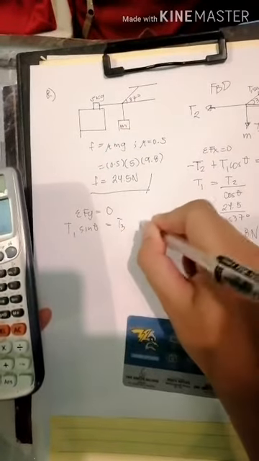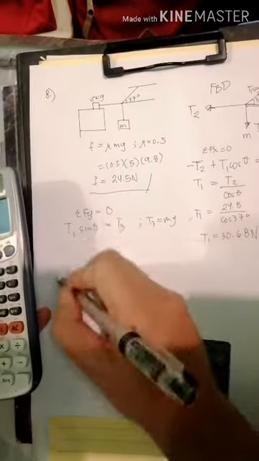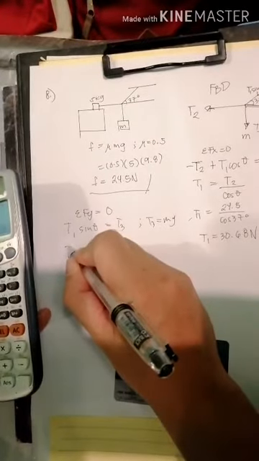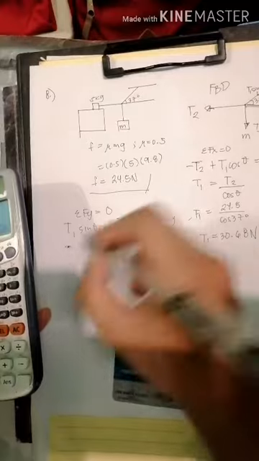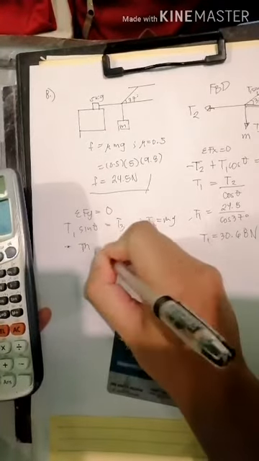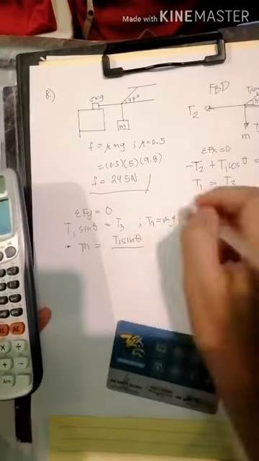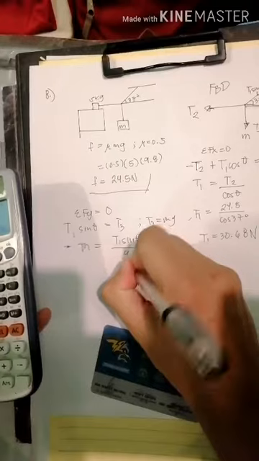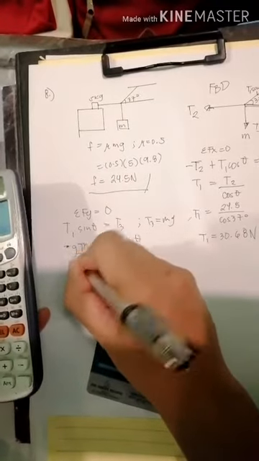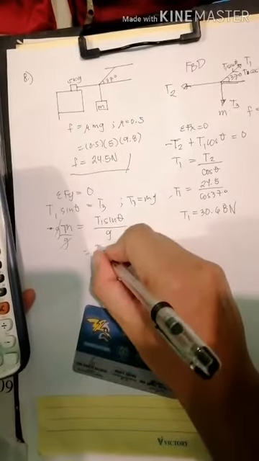T3 equals to mg. So, mass equals to T1 sin theta over g.